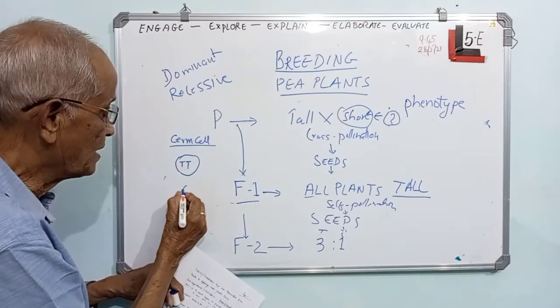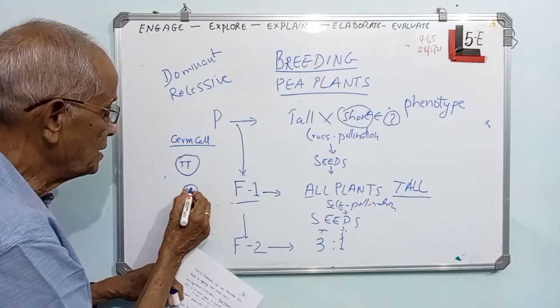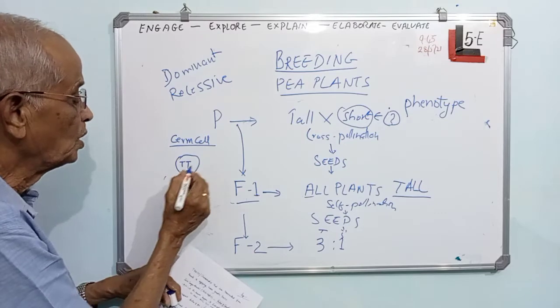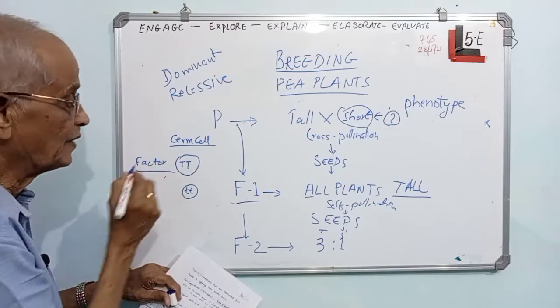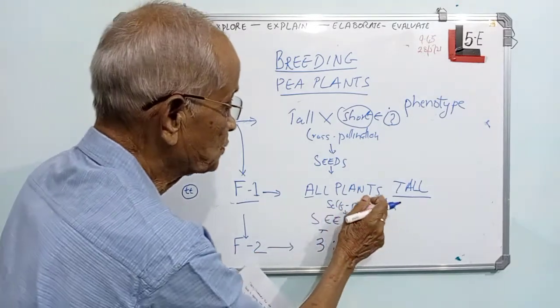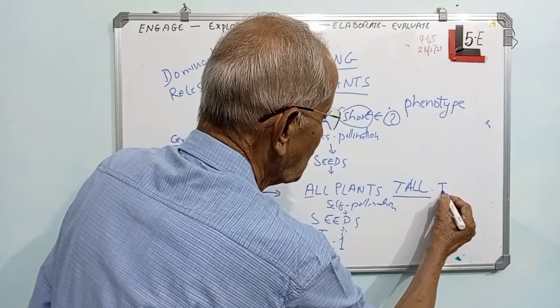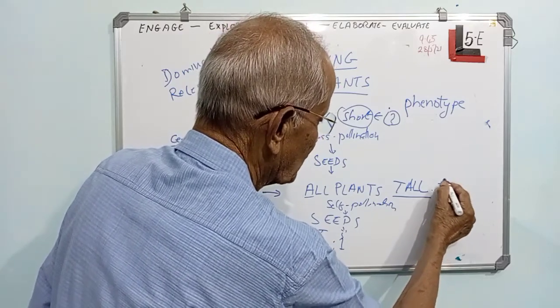And he felt that recessiveness may be represented by the smaller t. So these two factors he identified, one tall factor and another short one.